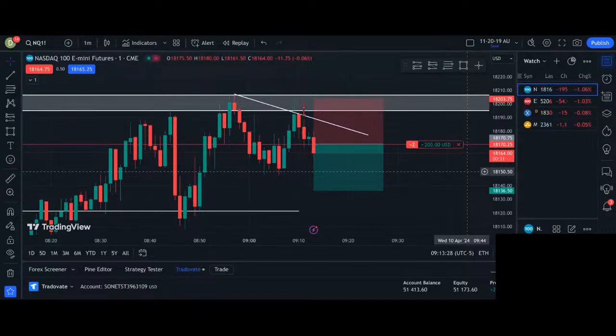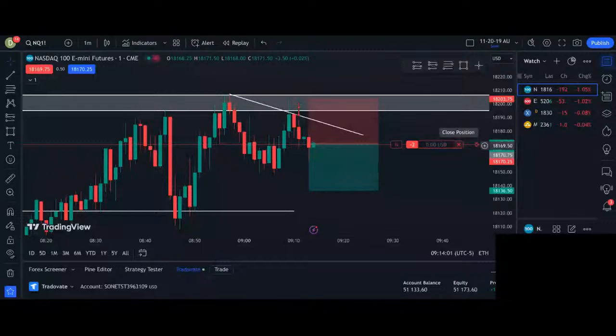Like I said, I got in because overall we're in the downtrend. Overall, we are in the downtrend. You know, we're up 420, 450. Give me the 500 and I get out. If I take a loss, y'all will see it live on camera.